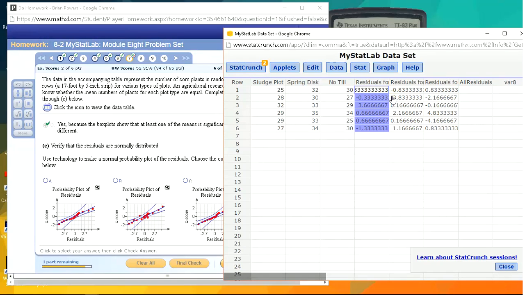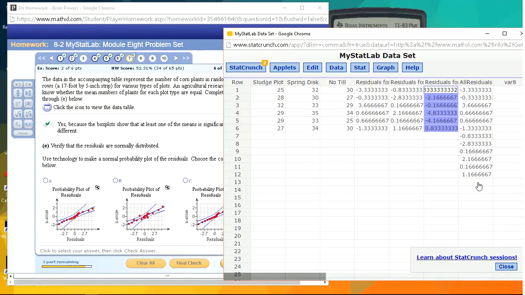So select, Control-C, Control-V. If you're using a Mac, you'd use Command-C, just like you normally would, copy and paste. I'm going to put everything in this one column. I don't know another way to do it without putting it all in one column. So I put all my residuals in one column.